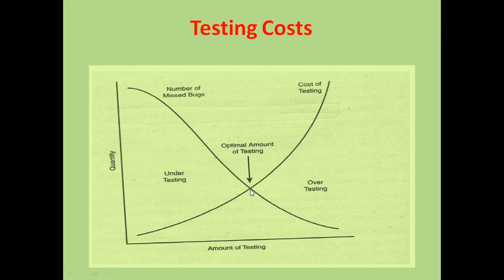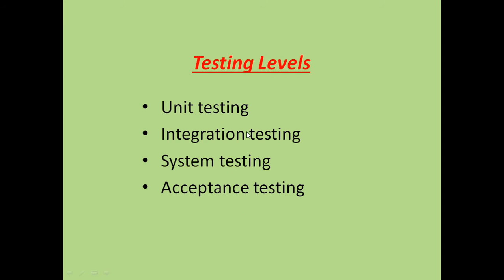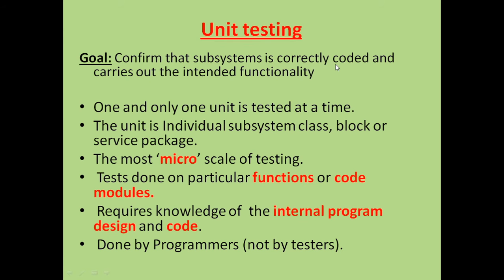Here there is a moderate number of bugs and the cost of testing is moderate, beyond which the cost can increase, and the number of missed bugs we cannot ascertain, but it still leads to over testing of the product. Testing levels are unit testing, integration testing, system testing, and acceptance testing.